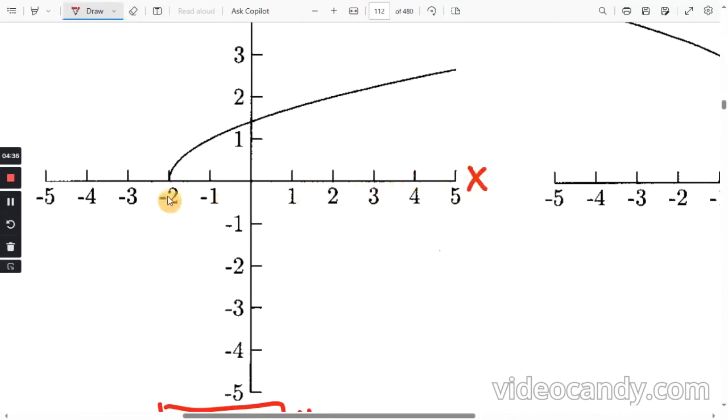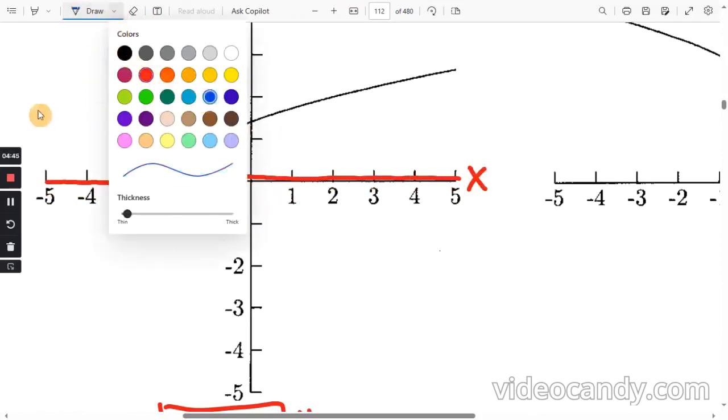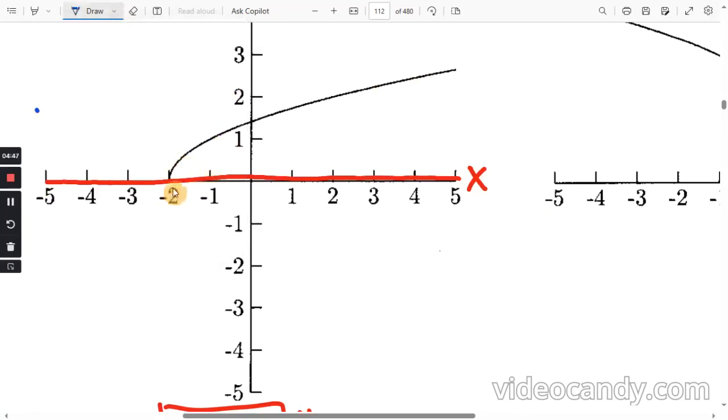Here is the x-axis, and all we have to do is use this line right here as a mirror. All right, so this figure is now the same thing as here, but it's below the x-axis. It's the same thing. So this here in blue is what we're looking for.